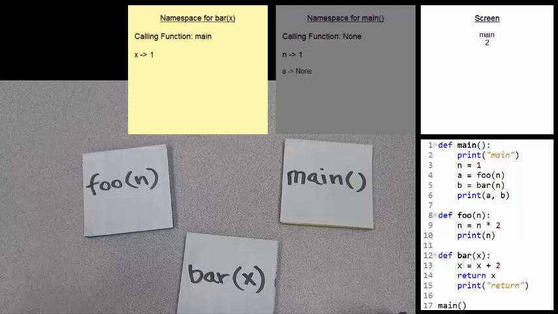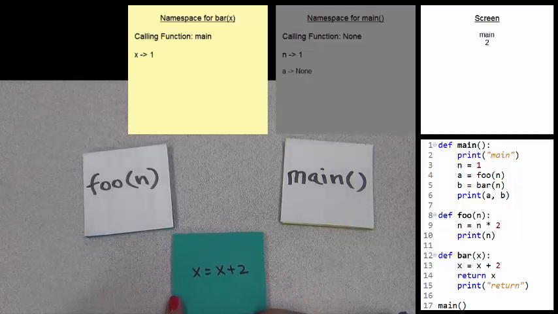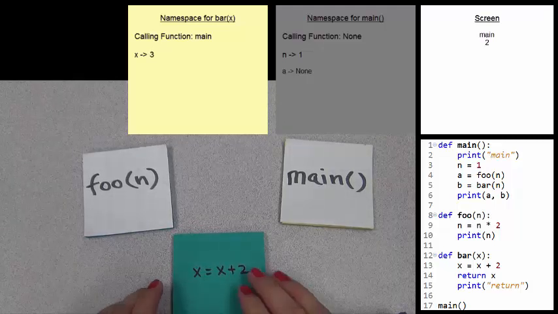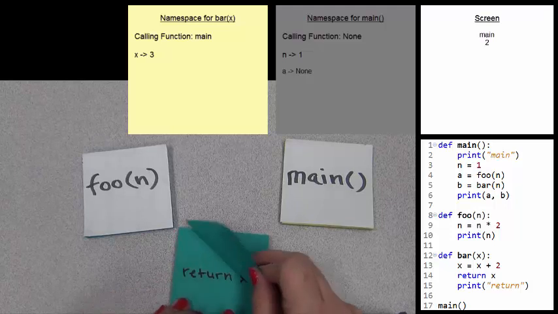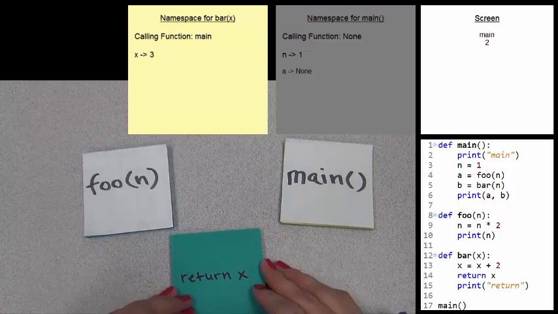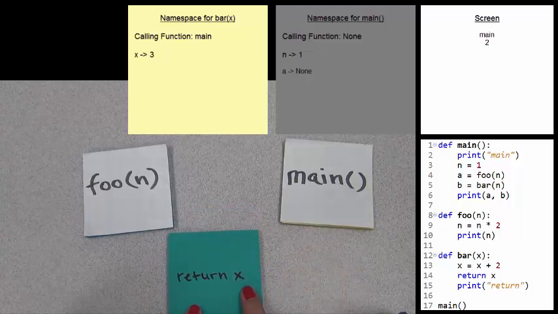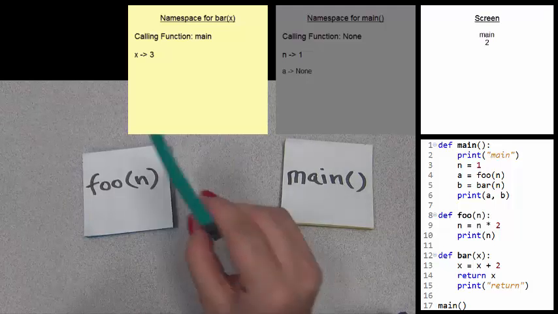We therefore assign the variable x the value that was passed in from main. We then set x equal to x plus 2 and return x. Note that when we hit a return, we simply return from the function. Therefore, no statements that are below a return statement are ever executed.